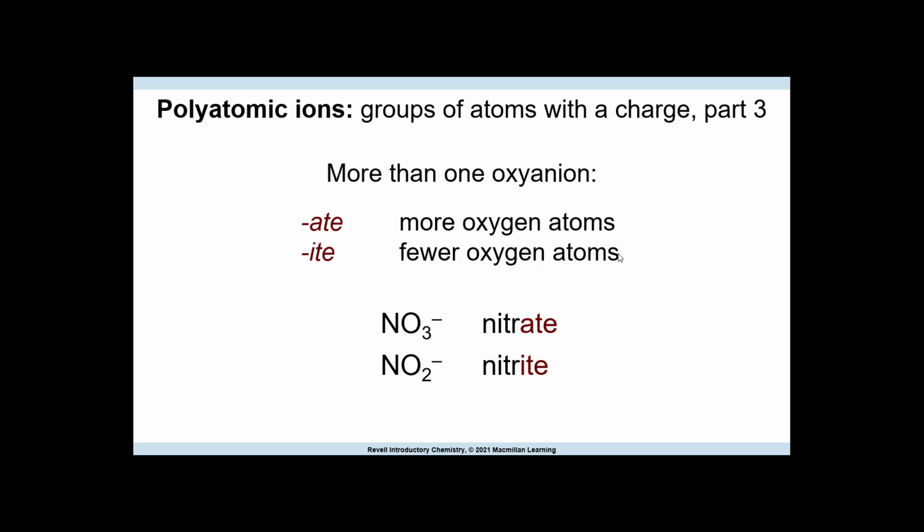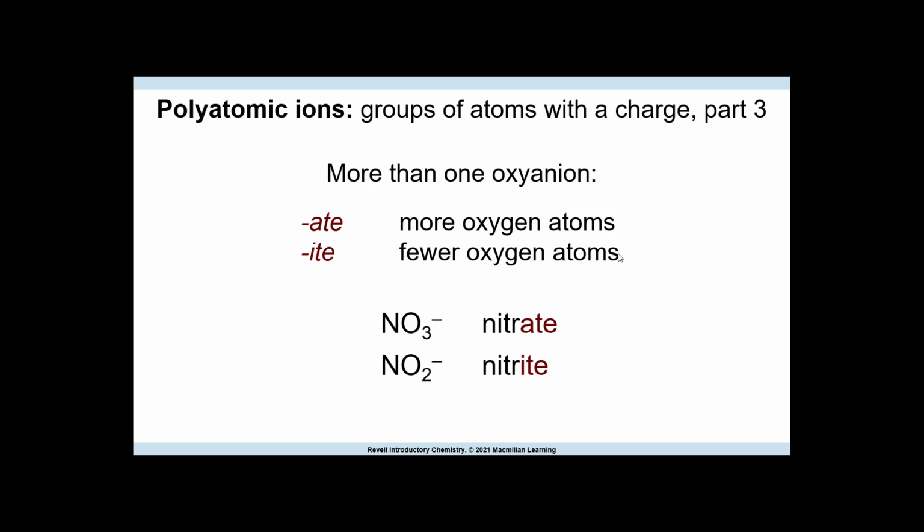All right, so some elements form more than one oxyanion. What does that mean? Some compounds have more oxygen than others. A perfect example here is nitrate and nitrite. The ate ending means it has more oxygens, and the ite ending means it has fewer. So those are good indications.